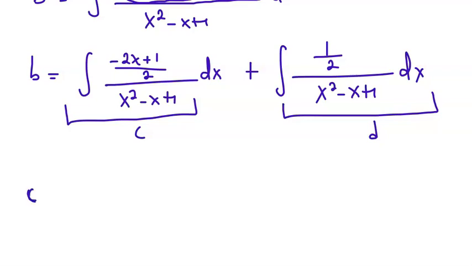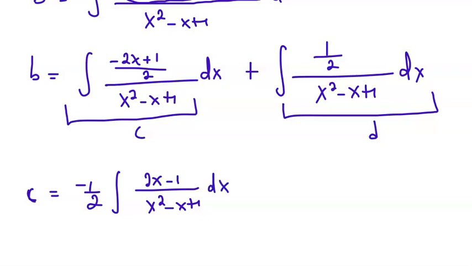So for our c here, our c is equal to, write out the 1 over 2, right? So if you write out the 1 over 2, I think we need to factor out negative 1, right? So this should be negative 1 over 2, then this will become the integral of 2x minus 1, then divided by x squared minus x plus 1, then we have our dx.